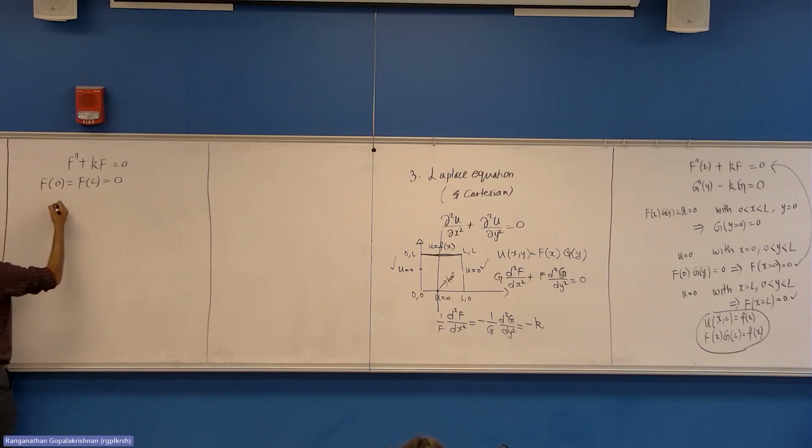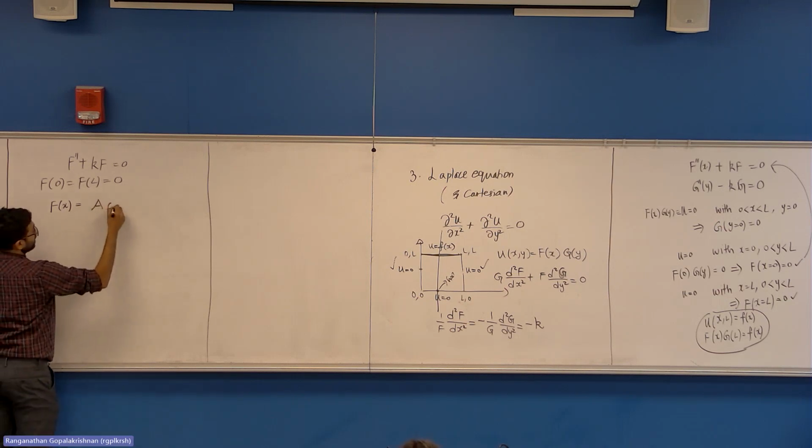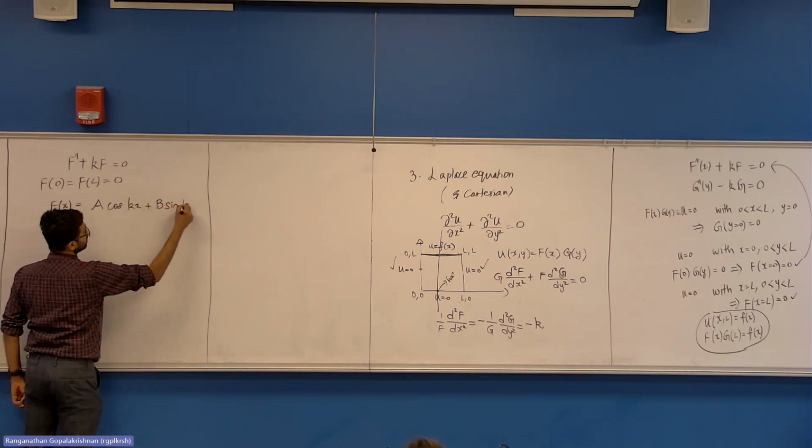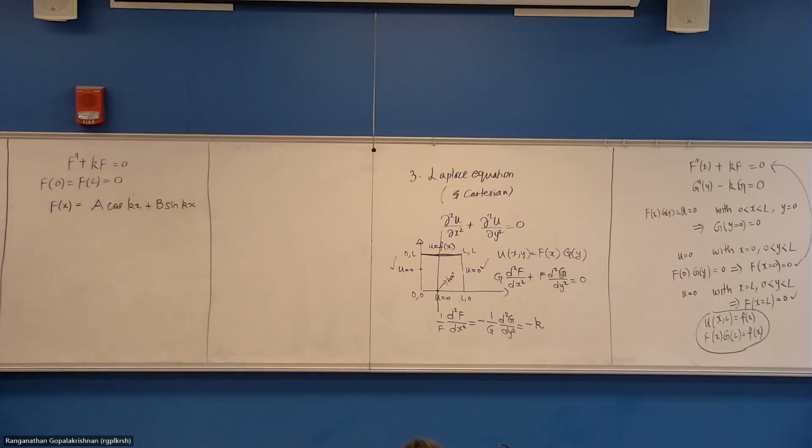So this is f of x equal to, I just want to use the same notation, you can write this a cos kx plus b sin kx. You don't feel lost because we saw this differential equation in the first lecture: getting the characteristic equation, recognizing it as complex roots, and then writing the trigonometric solution.